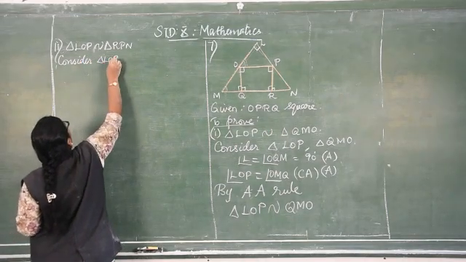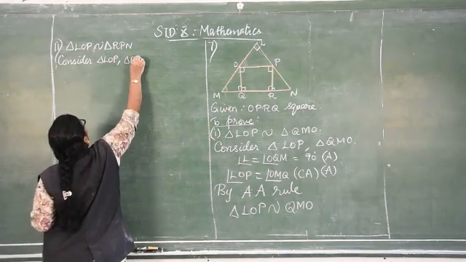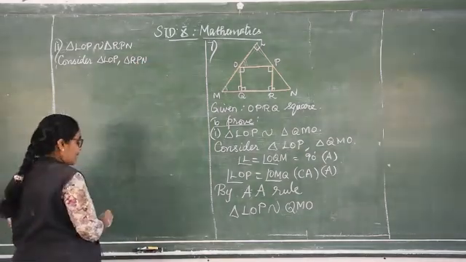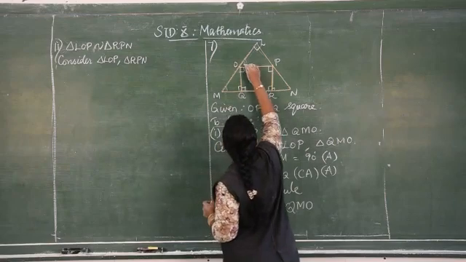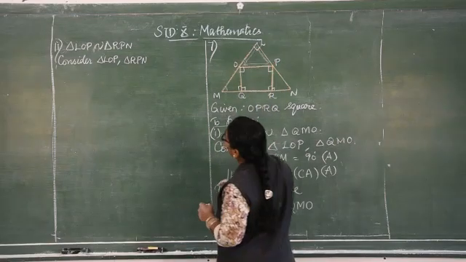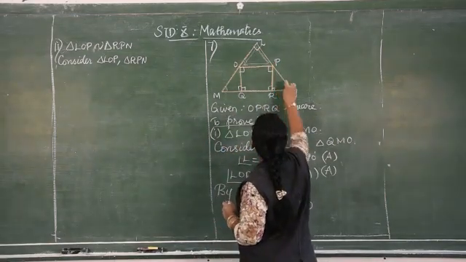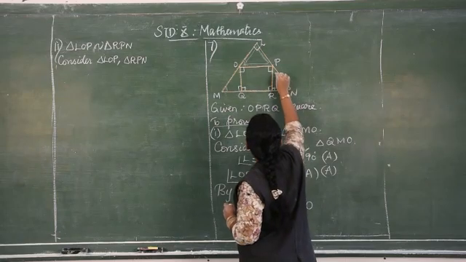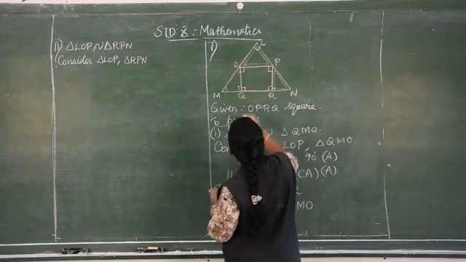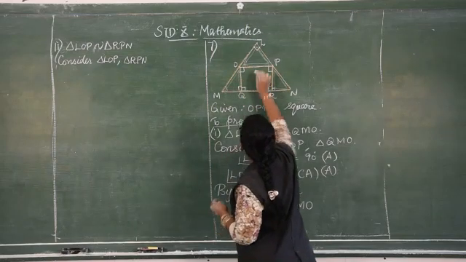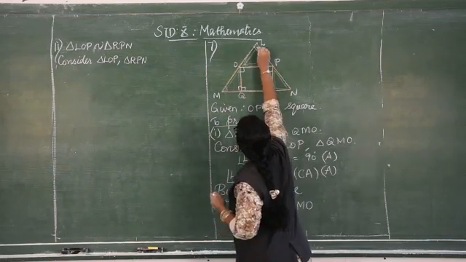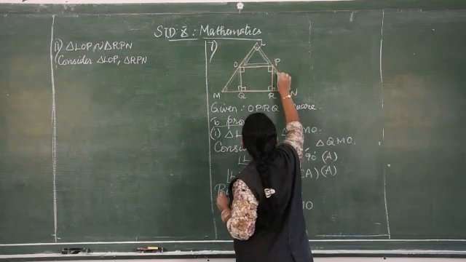Triangle LOP, triangle RPN. So again I am coming the same way. How are we comparing this? LOP, RPN. First I considered this LOP with this value. Now we are considering this LOP with this value.